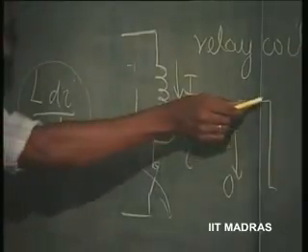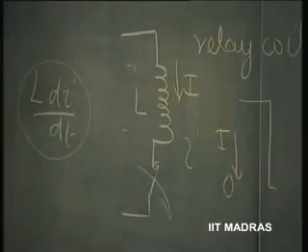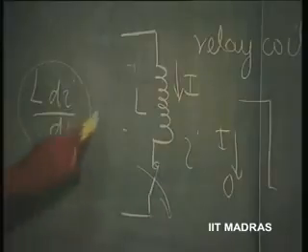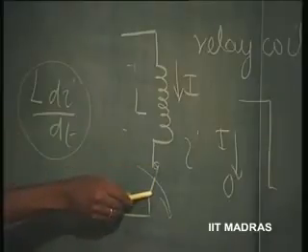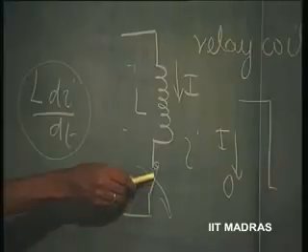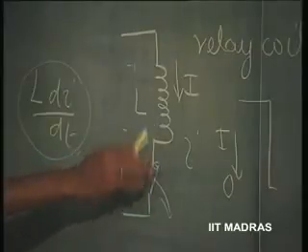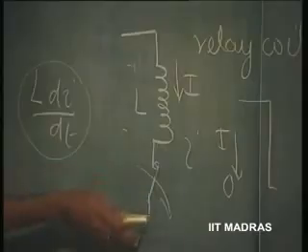So, the induced voltage across the inductor suddenly goes to a very high value. Then the voltage across the open switch goes to that higher value, and it just breaks down. There is arcing here.